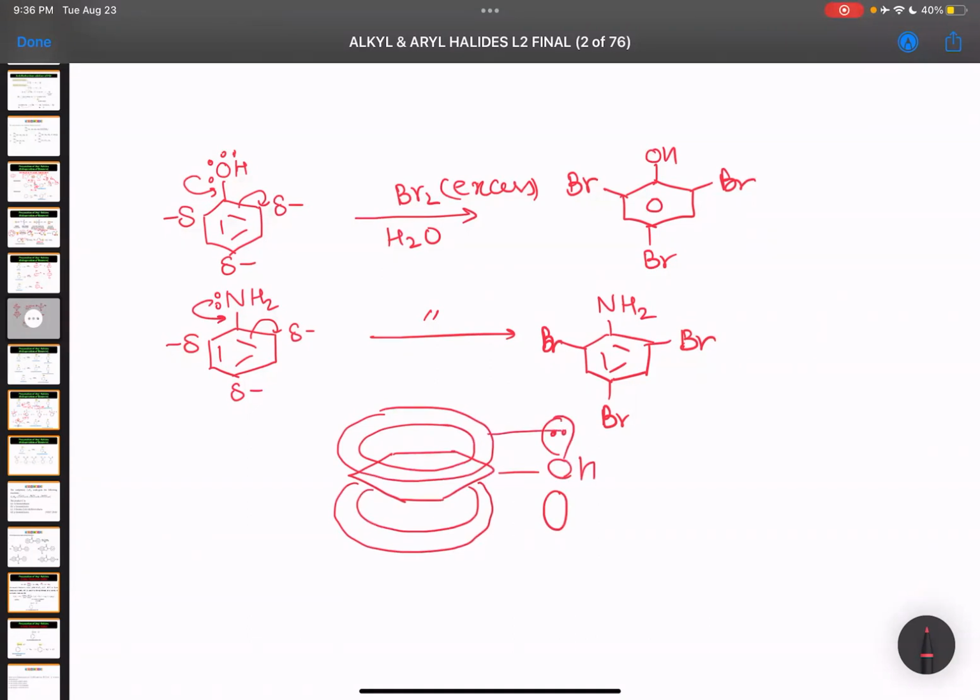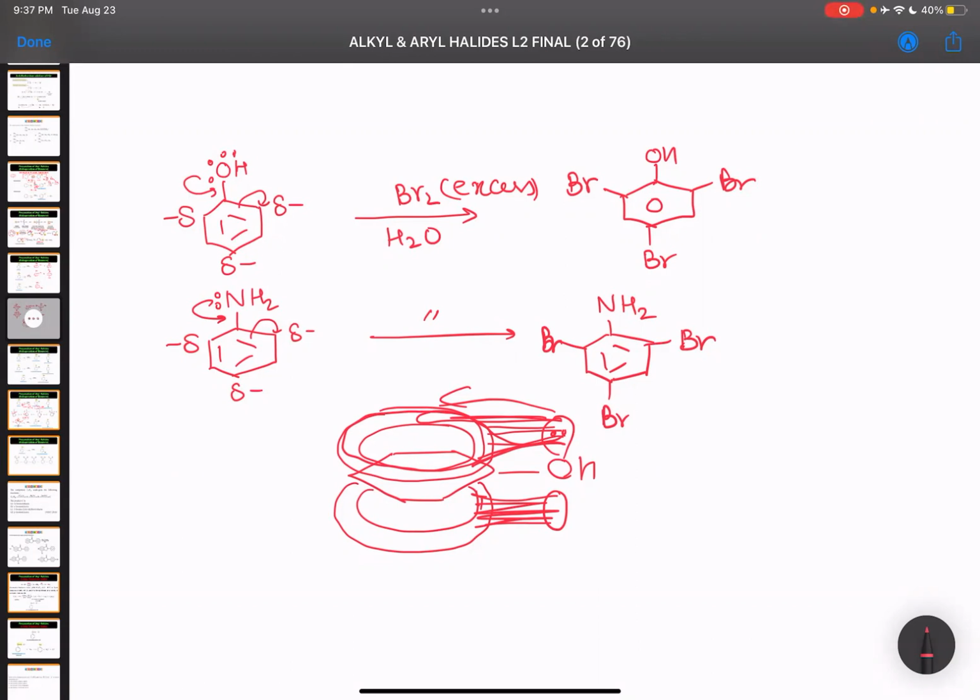So what happens? It overlaps, and this electron density also overlaps with the electron density of the benzene ring. Is it clear now? Yes, sir. And it gets into the benzene ring. It enriches the electron density of the benzene ring further.